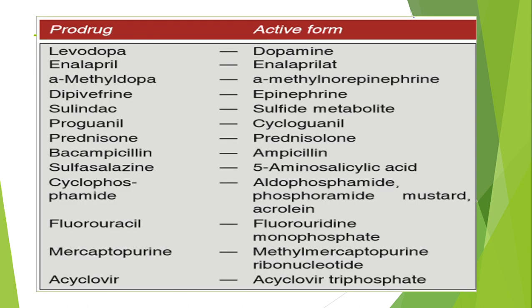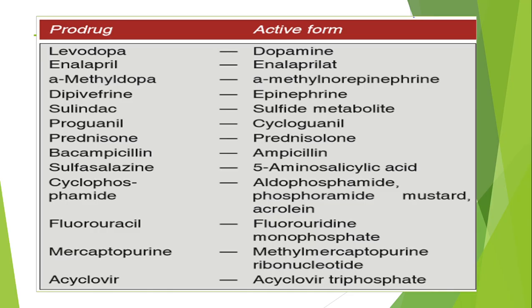Coming to the examples, prodrugs that are converted into active form: levodopa is a prodrug, its active form is dopamine, and levodopa is used in Parkinsonism. And enalapril is a prodrug whose active form is enalaprilat.